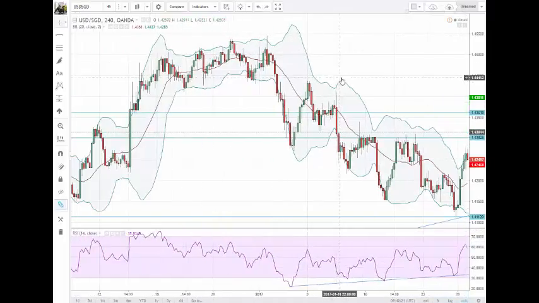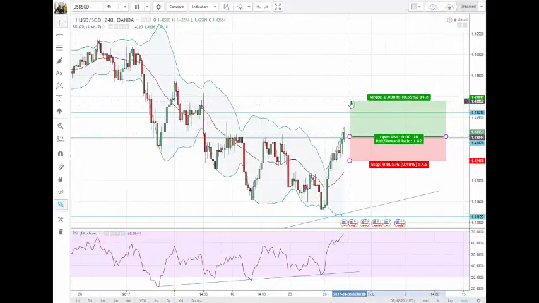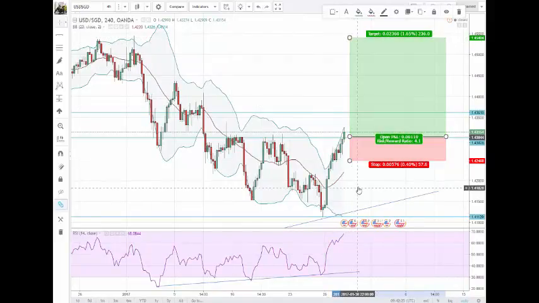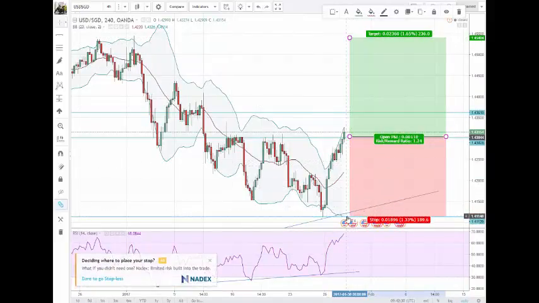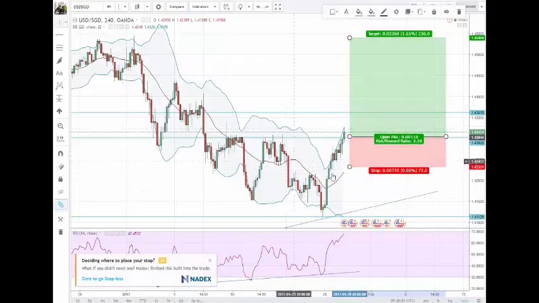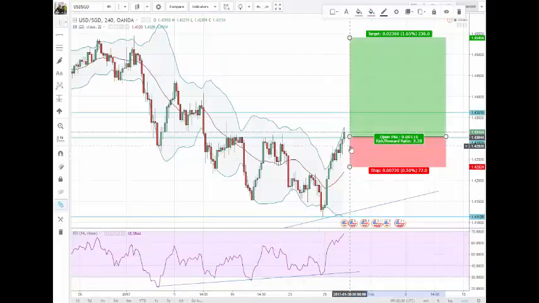We can see there's a lot of potential to the upside. I would not do this, because why should you take a one-on-one trade? So the stop loss is not really obvious just yet, but this is a nice setup to me.